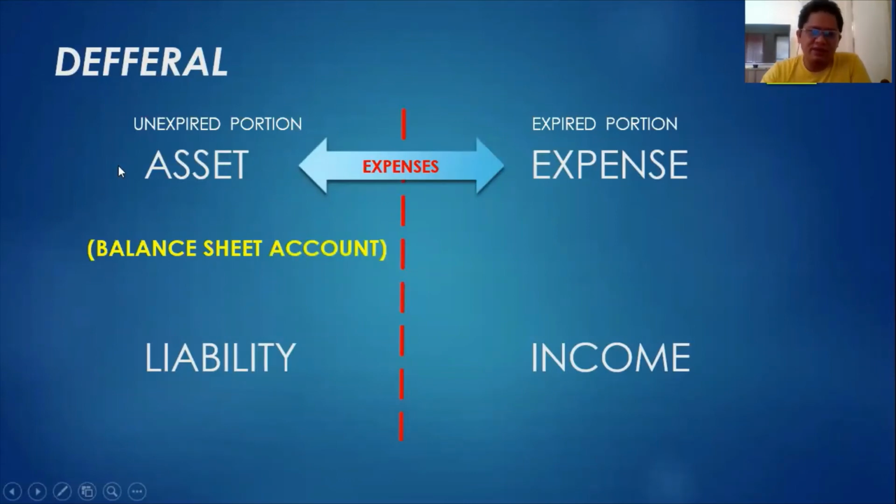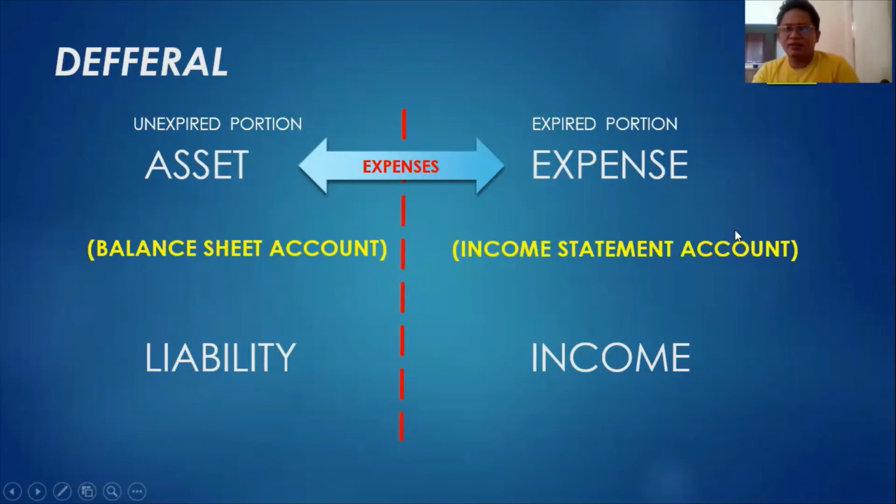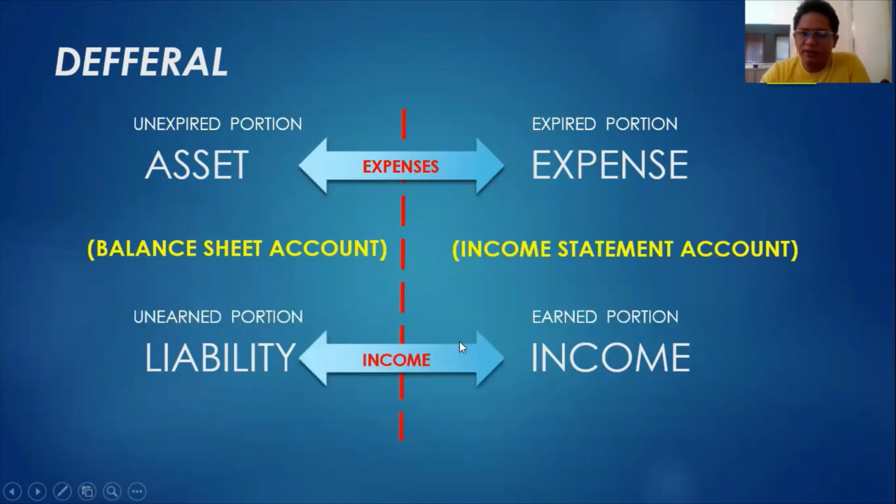So we defer under a balance sheet account and later we transfer it to an expense account, or an income statement account, once it is expired. Likewise, when we recognize income, it stays in a liability account, a balance sheet account, until it is earned. So later, the earned portion is transferred into an income statement account.